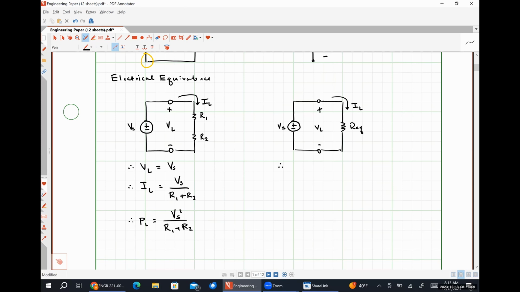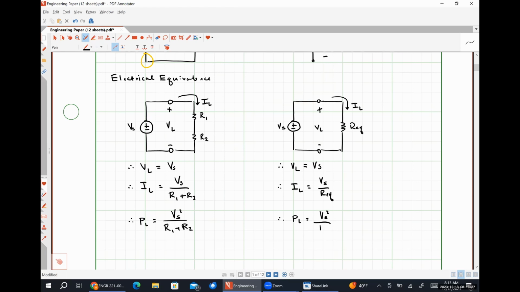So if we look over here on our right-hand circuit and we constrain this system such that VL is equal to VS, and IL here would be equal to VL over REQ, and PL would then be, sorry, IL should be VS over REQ, my apologies.